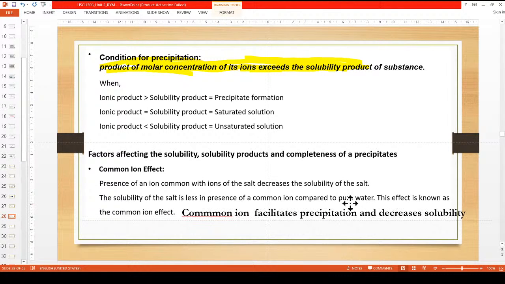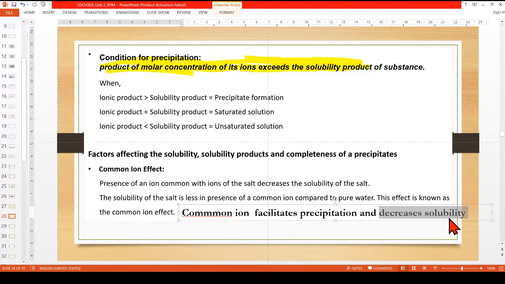What do common ions do? Common ions decrease the solubility of the precipitate and they increase the rate of precipitation, or they facilitate precipitation.